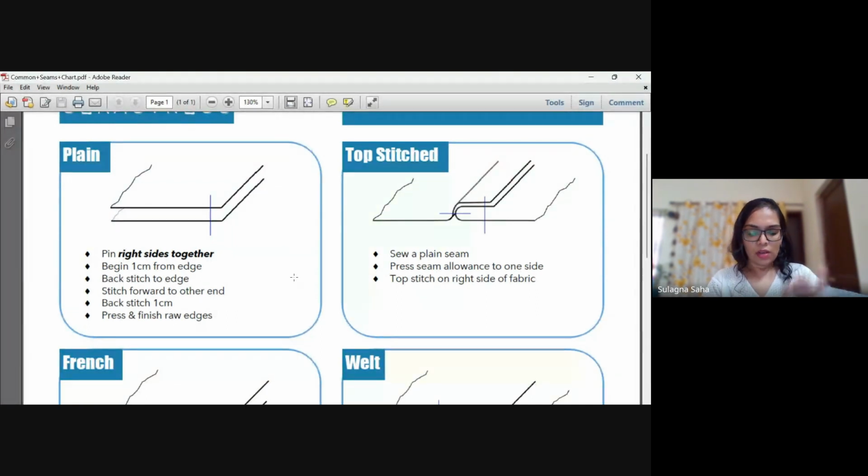Now, as we were talking about seams yesterday, somebody asked me: we have a single domestic machine which doesn't have a lot of kinds of stitches, so how do we do different seams? First, you really need to understand the difference between a seam and a stitch. A seam is when you take two pieces of fabric and join them together, in any format.